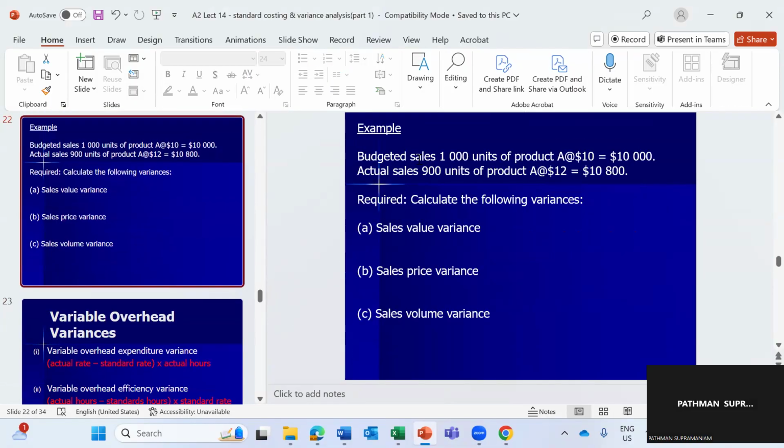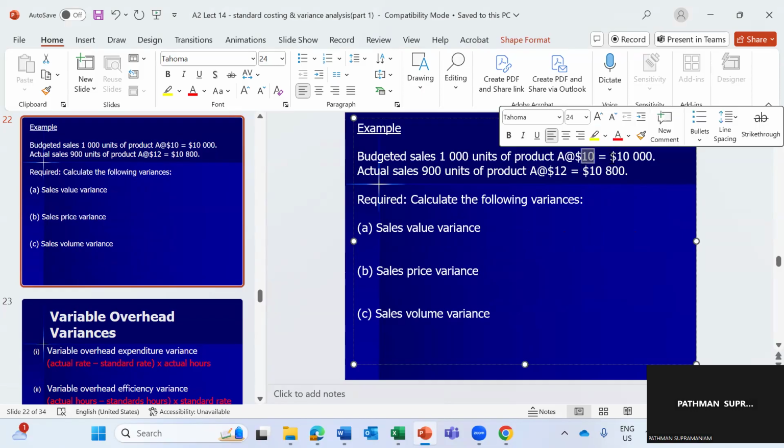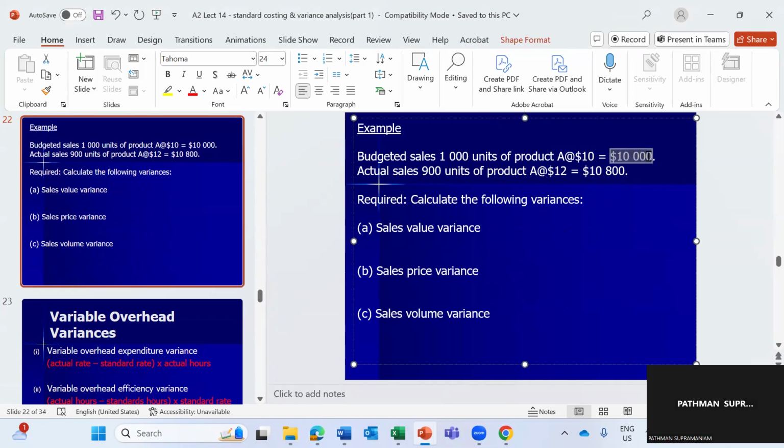Okay, let's work this out. Budgeted sales is 1,000 units. That means we plan to sell 1,000 units and we plan to charge a selling price of $10. So our planned or budgeted sales is 10,000. But in actual reality, this is what happened.